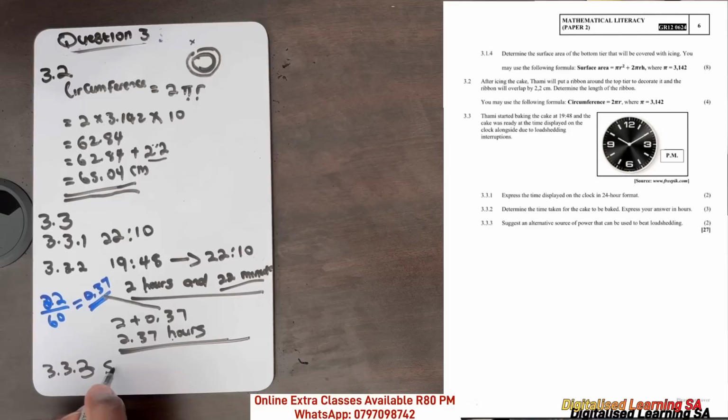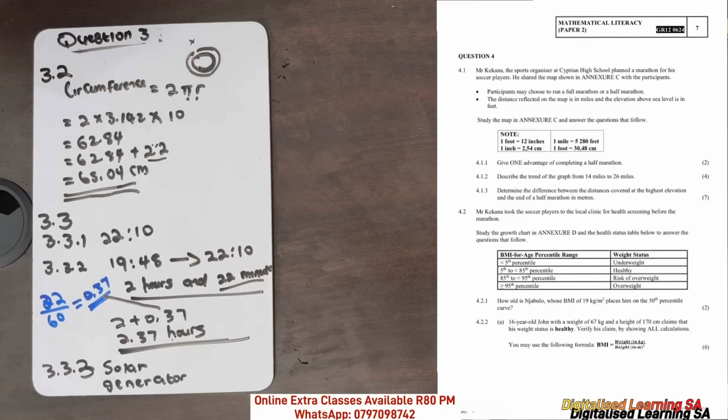So it can be solar, or it can be, for instance, a generator. And there can be other alternative sources as well. So this brings us to the end of question 3.